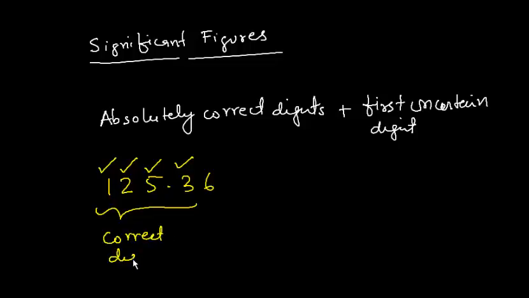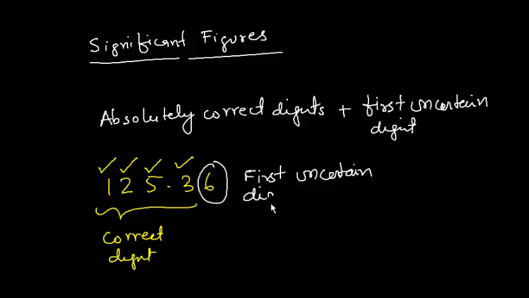These are the correct digits, and this number, the 6, is the first uncertain digit. So basically this contains 1, 2, 3, 4 and 5 significant figures. 5 significant figures or numbers, and here 4 are correct and 1 is uncertain.